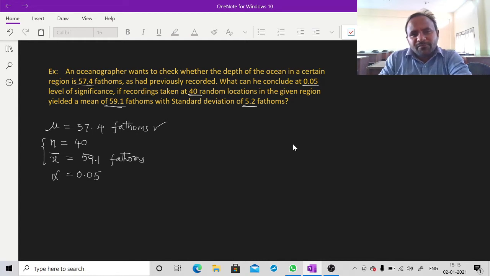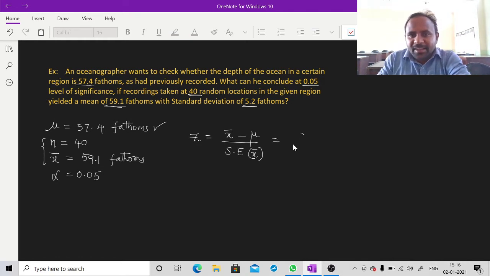Now you can find the test statistic. If Z is the standard normal variable, you take this test statistic to check: your sample mean minus the mean of all means, like mu, over the standard error of the test statistic.